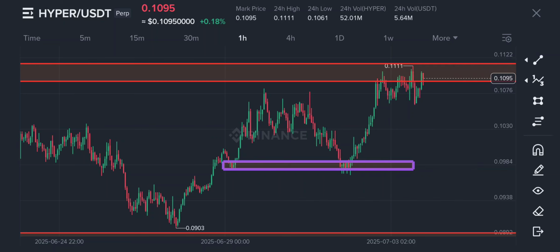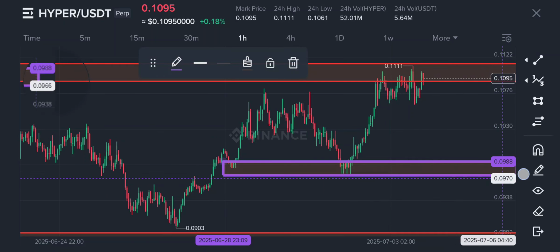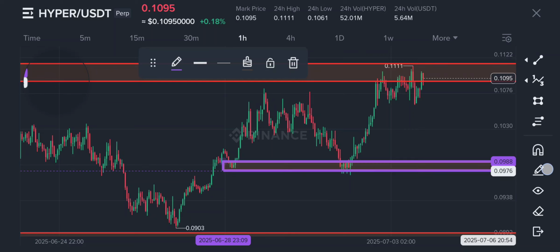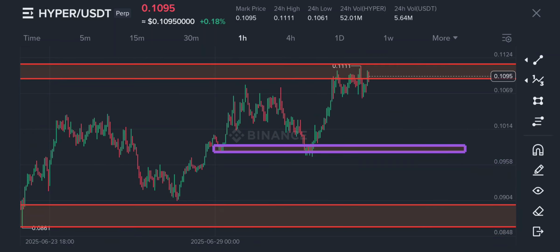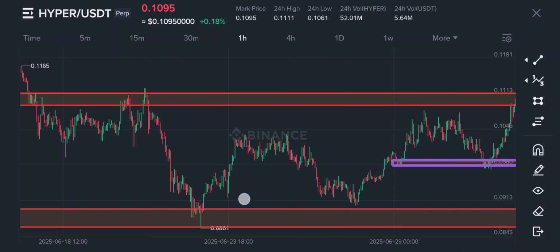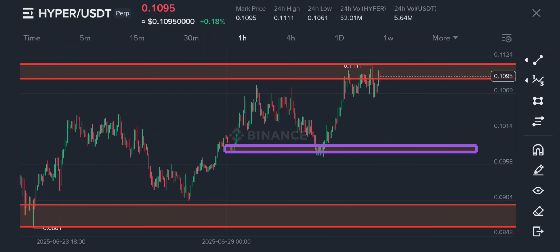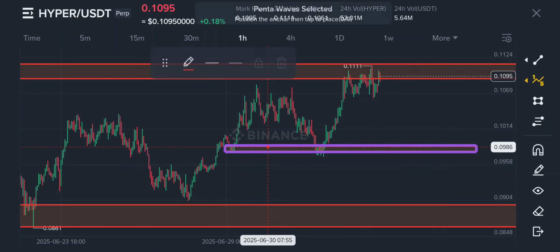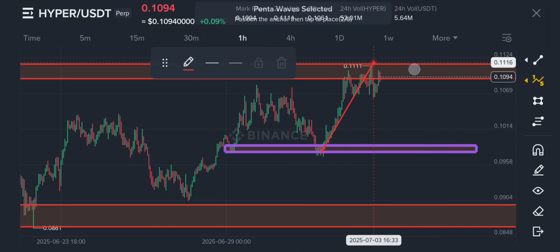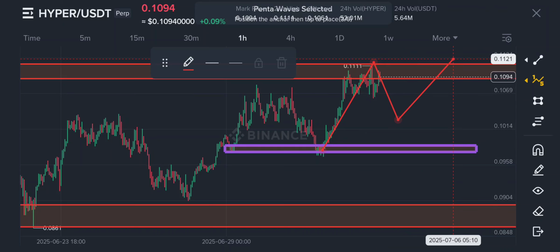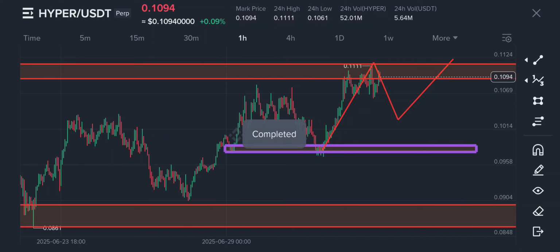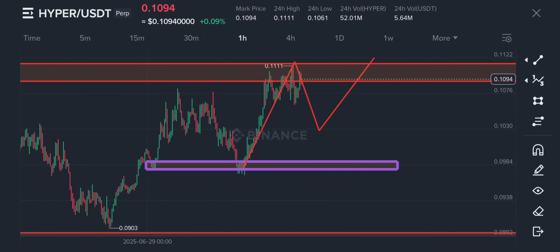So this is our area of support. I might be expecting something like this on Hyper. It might come here, then continue pushing up if it will go up. But let's take a sell from here. Let's take a sell.